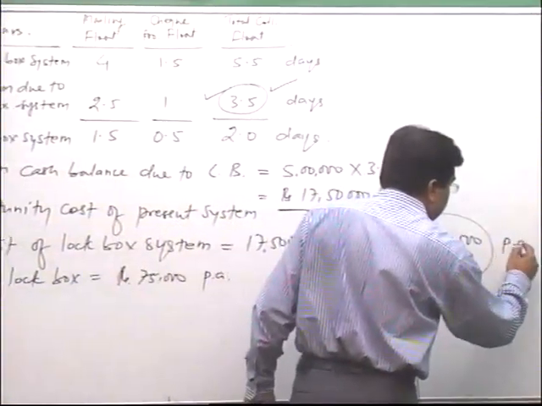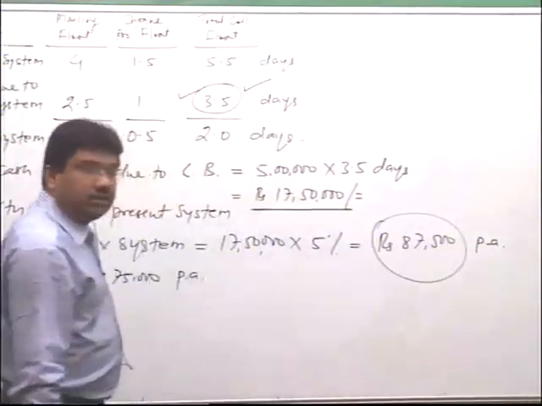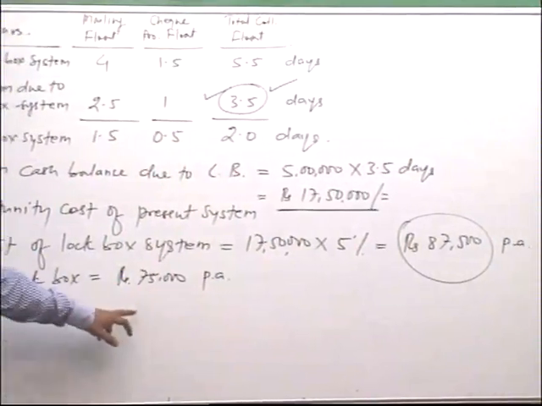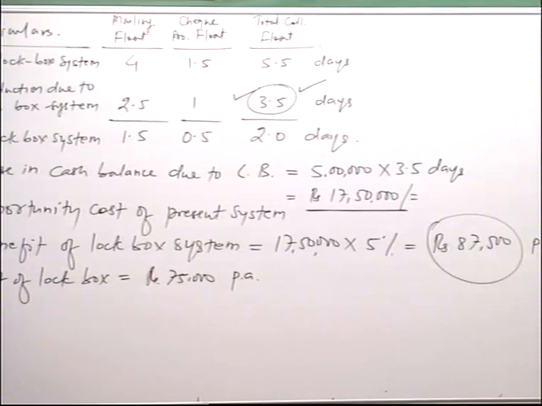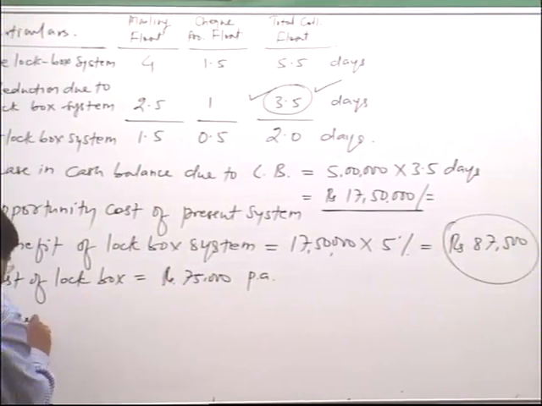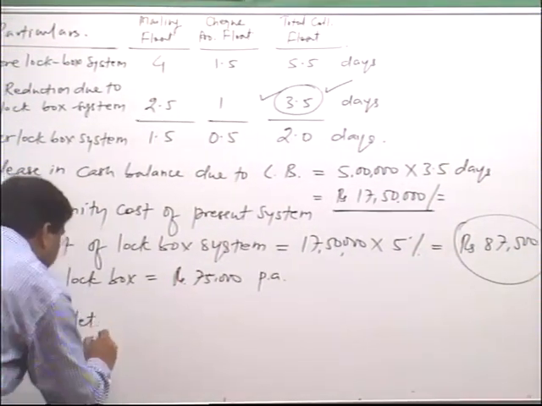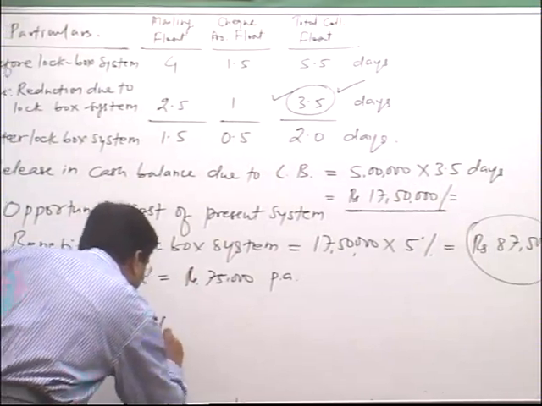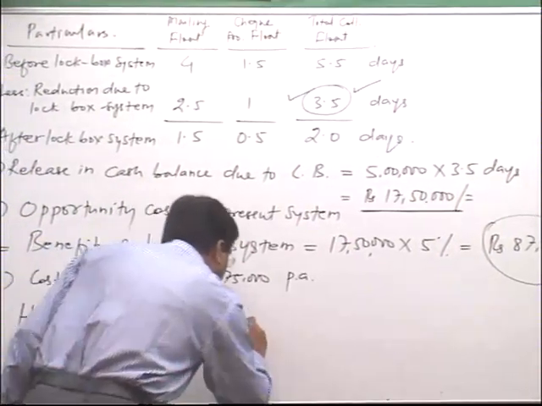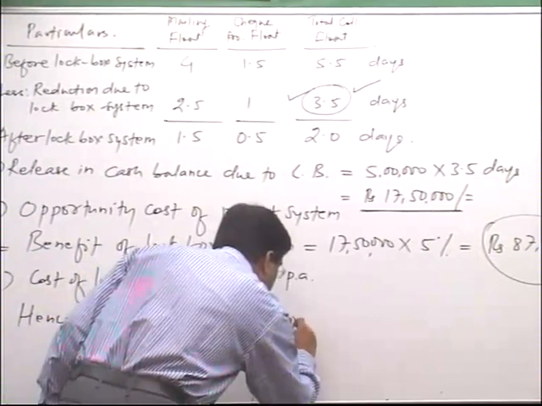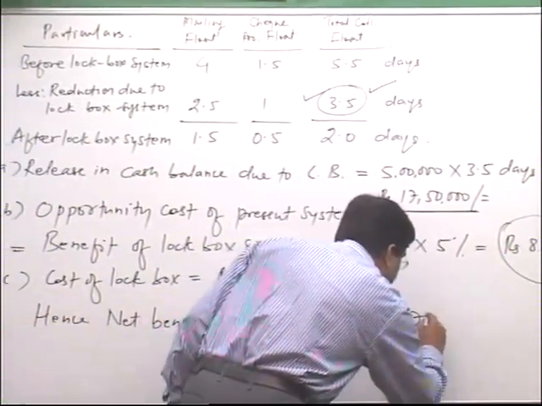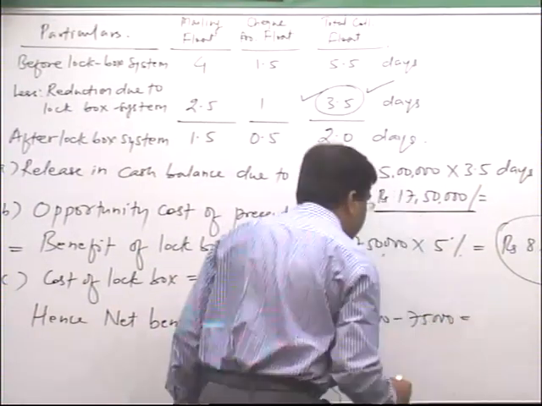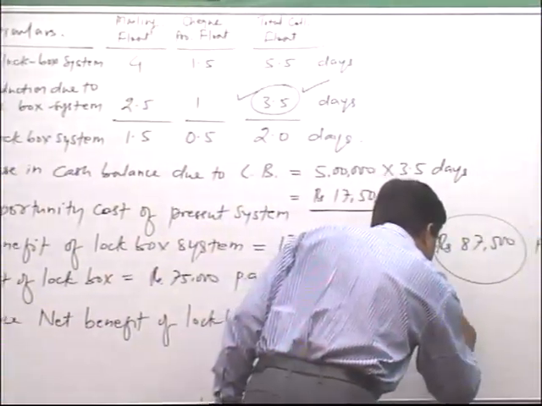So here the benefit of lockbox is more than the cost of the lockbox, so the difference will be the profit. Hence the net benefit of lockbox is equal to 87,500 minus 75,000, that is rupees 12,500.